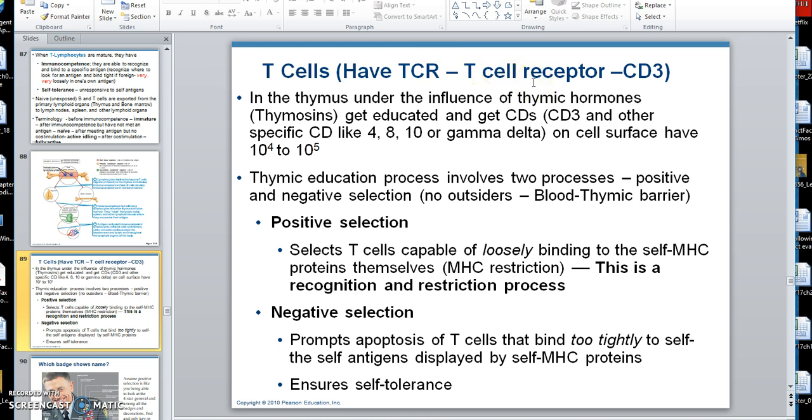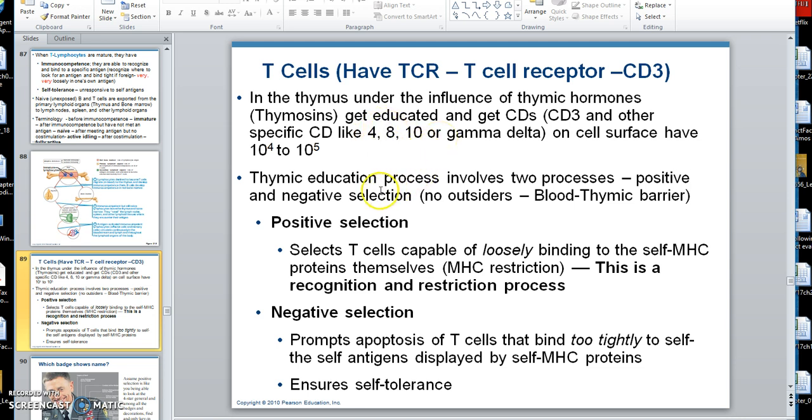But there are different kinds of T cells, so it will also hand you a 4, an 8, or a 10. And then as you go through the education process, it will remove some of these. The 4 means you're a T helper, the 8 a T cytotoxic, and so forth.